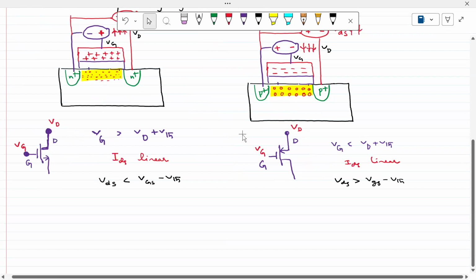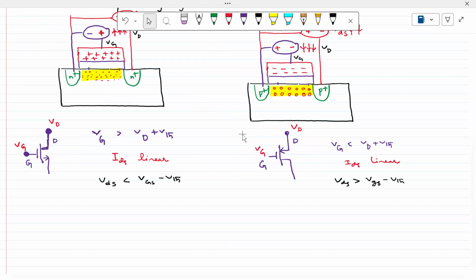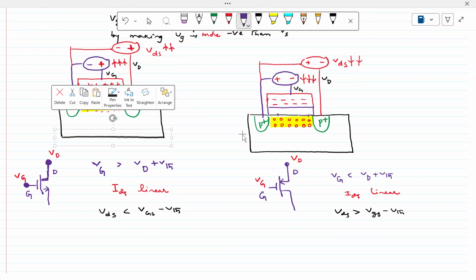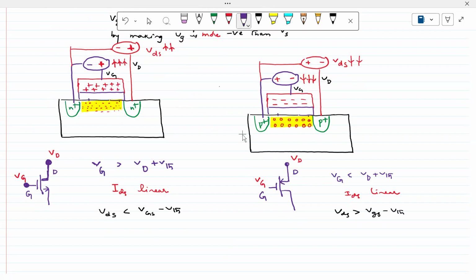The second option: if the VG value is less positive than that of the drain potential. What is the next possibility? When the gate potential is, what can I write here?